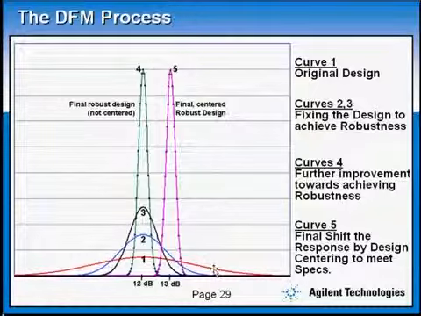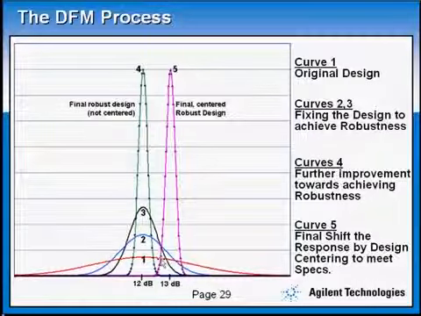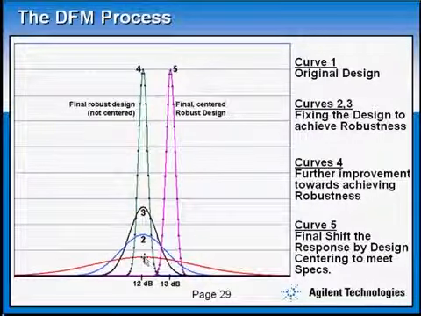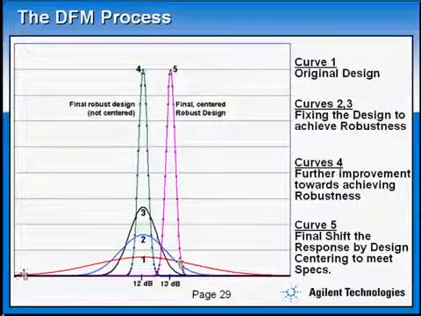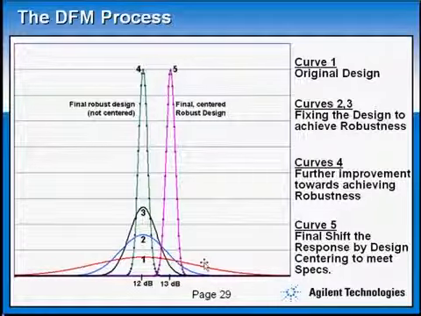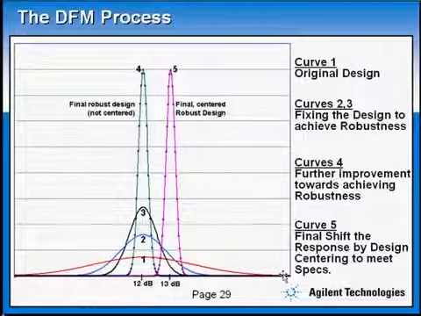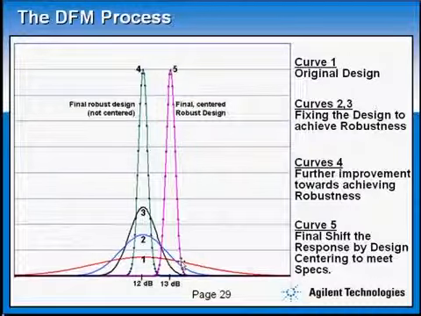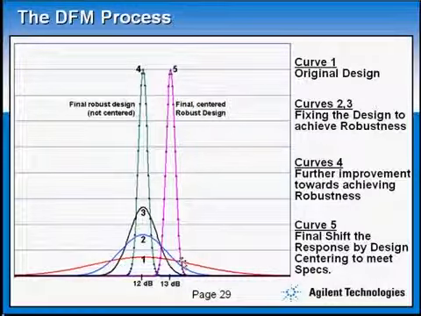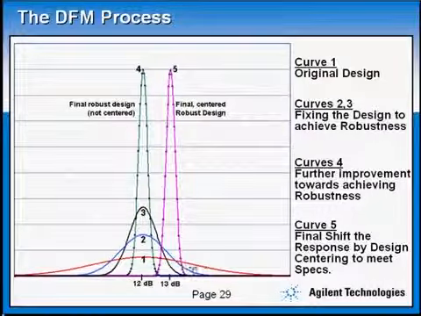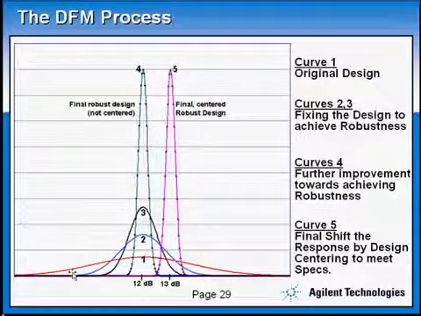So the DFM design process: you start with a design, whether it is an existing design you have or a new one. And maybe the first step when you do yield analysis, you see that red curve. It's a very wide distribution. It's a sensitive design. What you do, you use those DFM tools, which I will show you next.